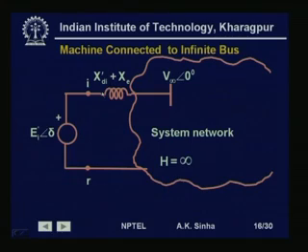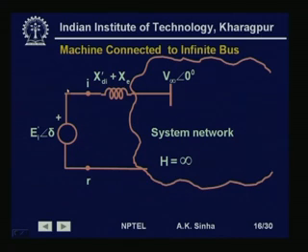So, any changes in reactive power flow from this are not going to change the voltage magnitude of this bus. That is, in terms of active power as well as reactive power, the changes caused by this machine are too small to create any changes in the behavior of this system, and that is why we call this system an infinite bus.